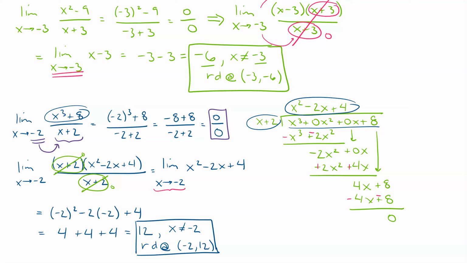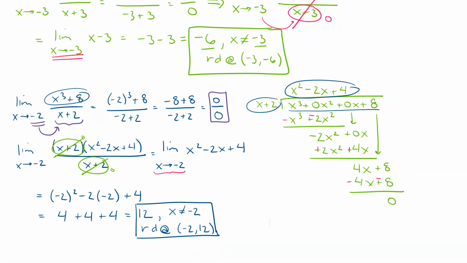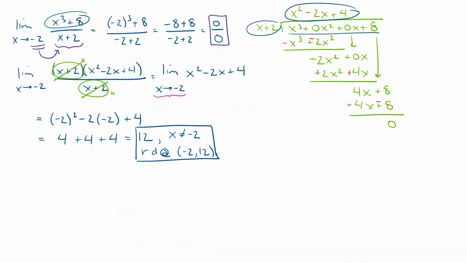But look at a slightly different version of this same problem. Everything's the same except for the denominator of the function. Let's go ahead and substitute. We get 0 over 0.